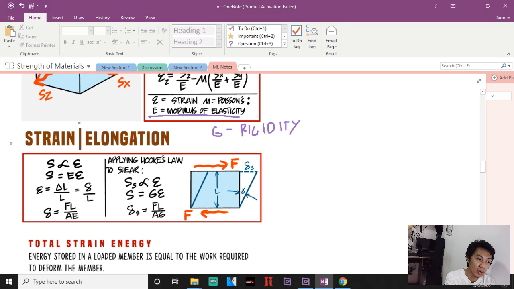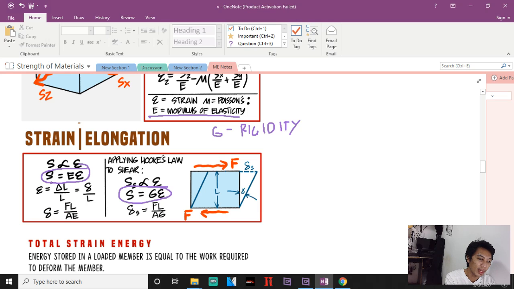According to Hooke's law, applying Hooke's law, meron tayo sa rigidity, tapos meron tayo sa elasticity. Kapag elasticity, that is E. Kapag rigid, that is G. So, how will we know that?